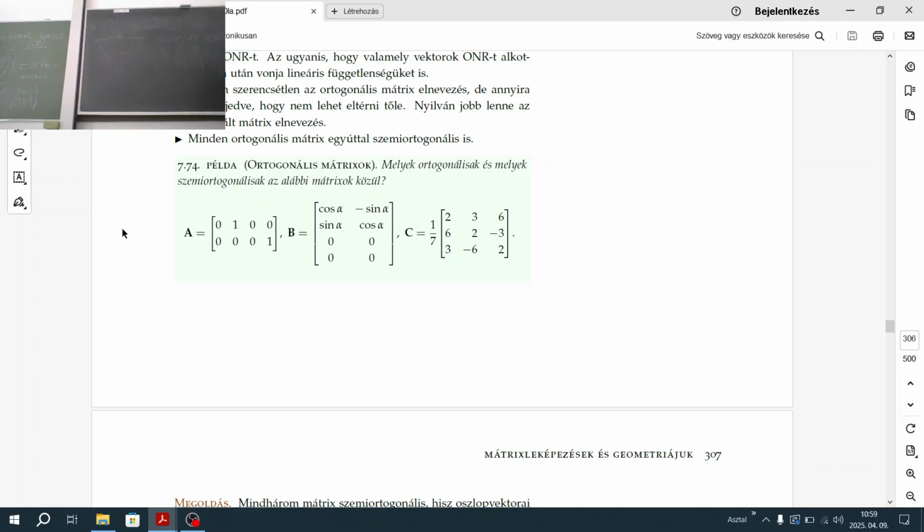What was the definition? If a matrix's rows or columns are orthonormal, then the matrix is orthogonal. So for example, I do the opposite.